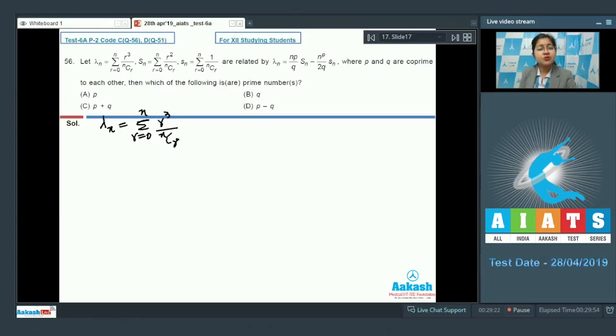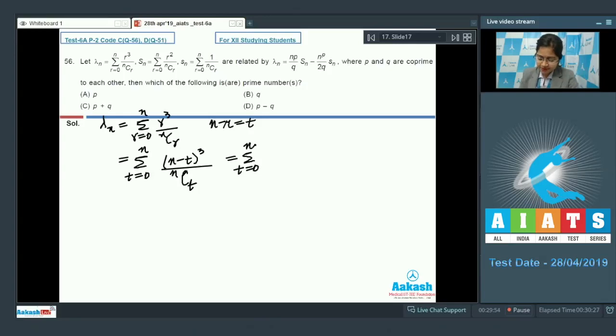So here if we put n minus r equal to t, then when r is 0 then t will be n, that is t will go from n to 0, which is the same as t going from 0 to n. So that will be equal to n minus t whole cube upon nCt. Here I can write n minus r, that is t. So that is equal to summation t is equal to 0 to n.